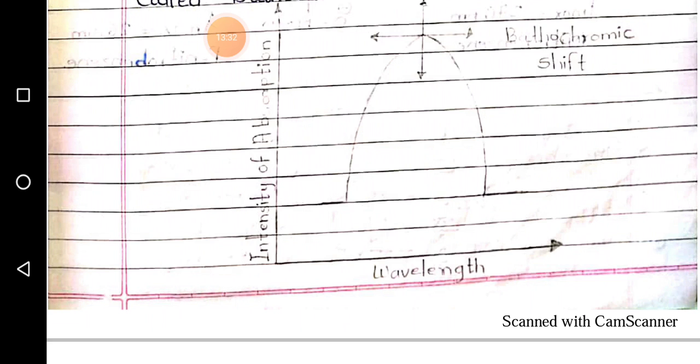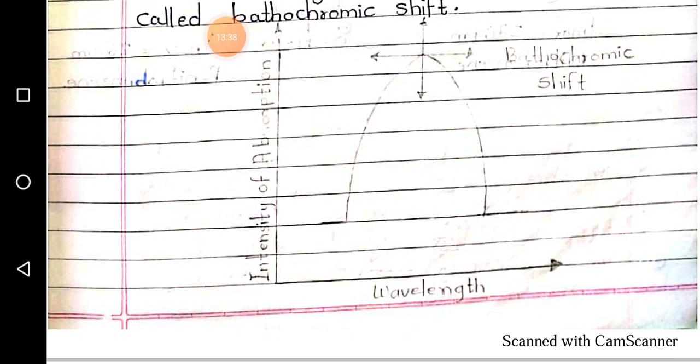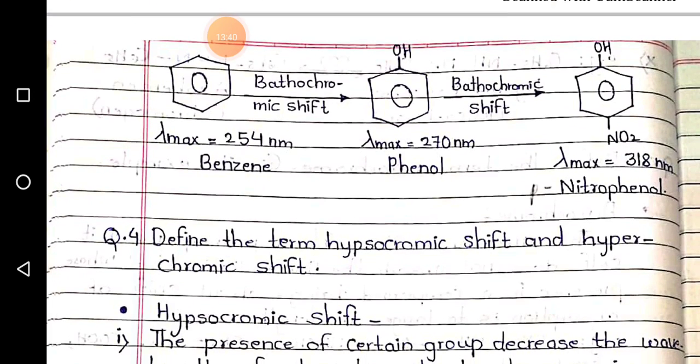One axis is taken as the wavelength, and the other axis as the intensity of absorption, so it increases on both sides. For example, benzene: in a bathochromic shift, when a group is attached, the wavelength increases from 254 nanometers to 270 nanometers, from benzene to phenol.